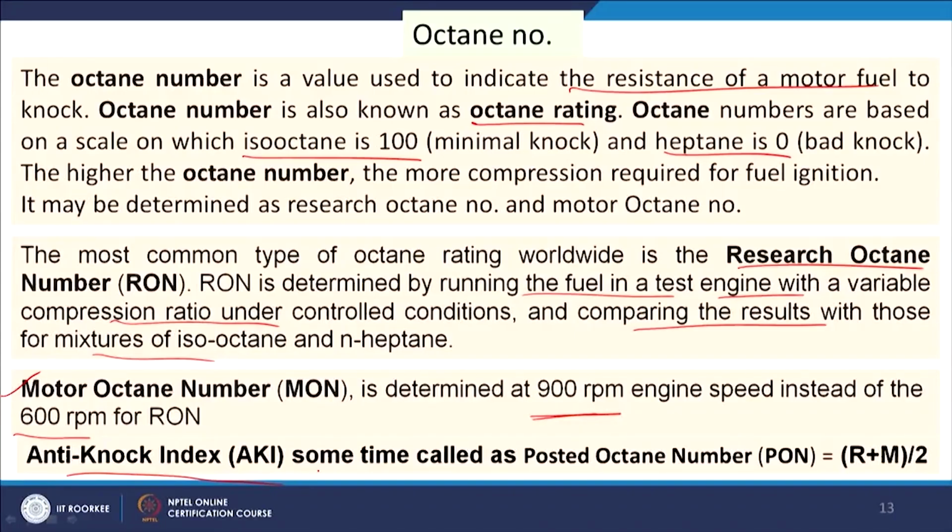Another property, the anti-knock index, is also used in some countries to get the knocking behavior of the gasoline, and this is defined by (R plus M) by 2, research octane number plus motor octane number divided by 2. Then we come to cetane number.